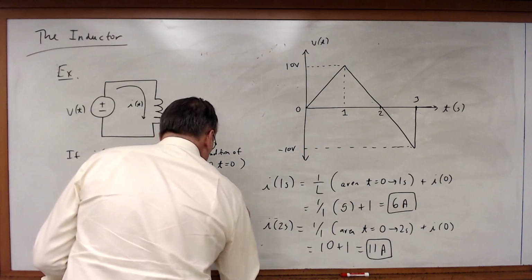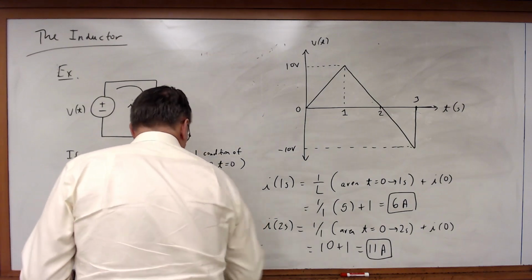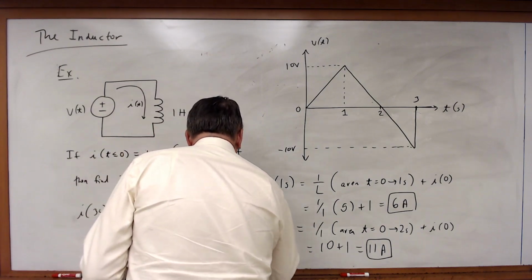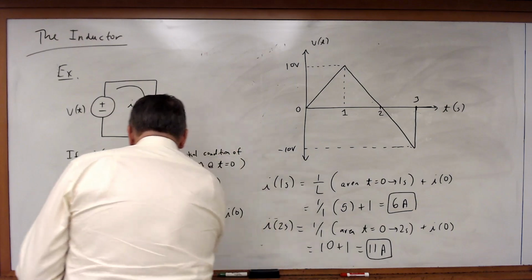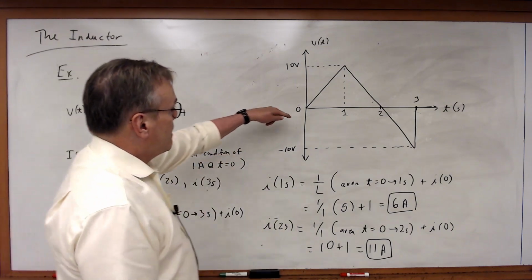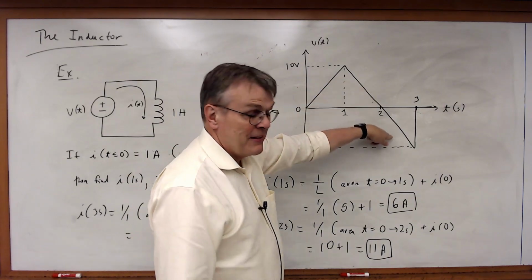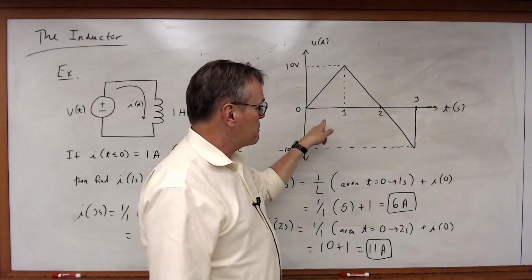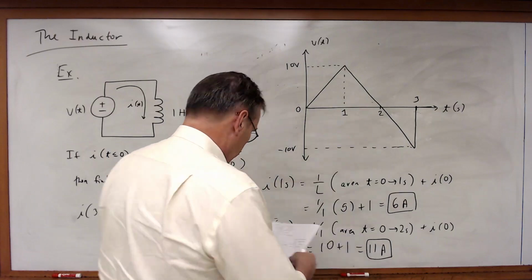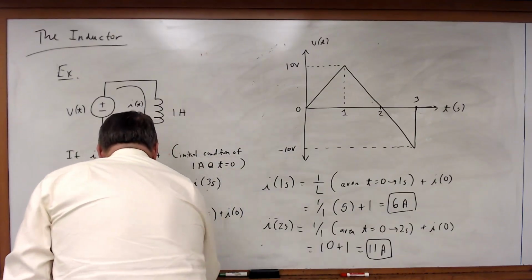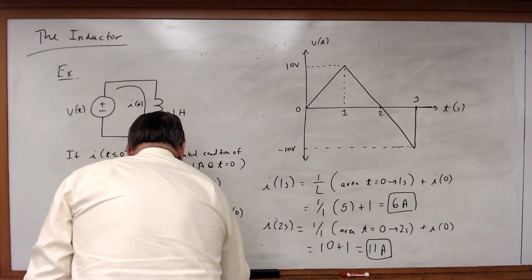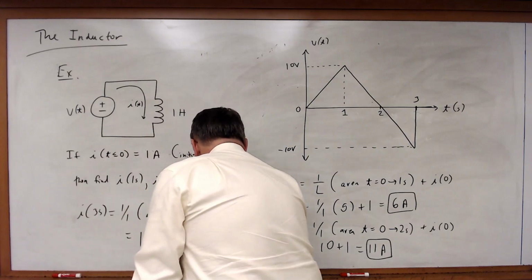Once again, plus my initial condition, I0. And in this case, I have 5 plus 5, and then this will be negative area. It's below 0. Minus 5, so this will be equal to 10 minus 5 plus 1 is equal to 6 amps.